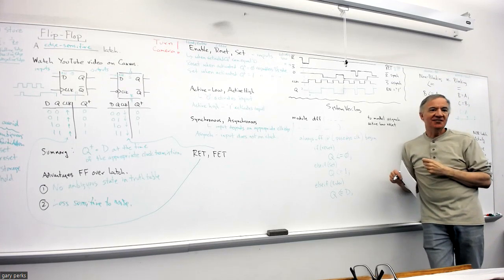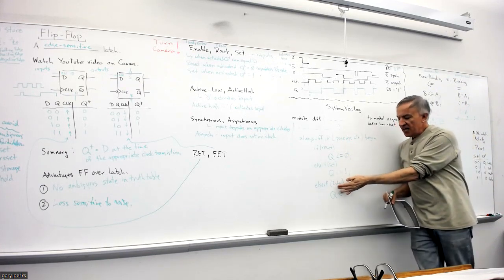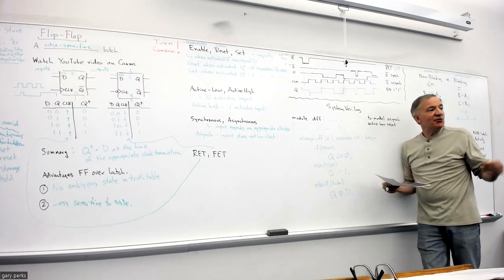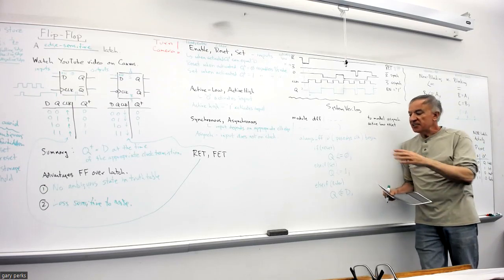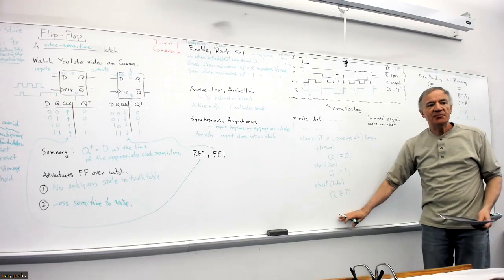We want memory. So if I'm not resetting, not setting, and not entering, I just want the output to stay the same. I want to retain previous data. And in SystemVerilog, a way to get storage is to have an if statement without an else. So you wouldn't write an else here on purpose.